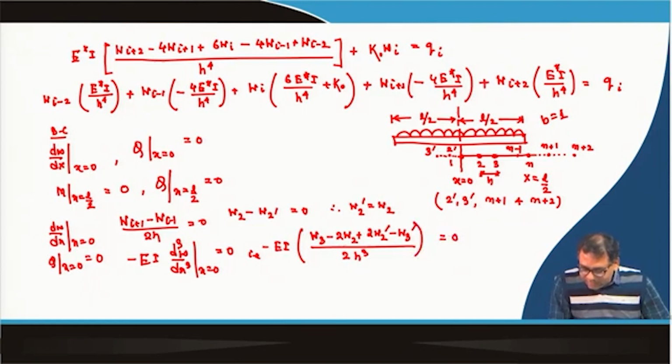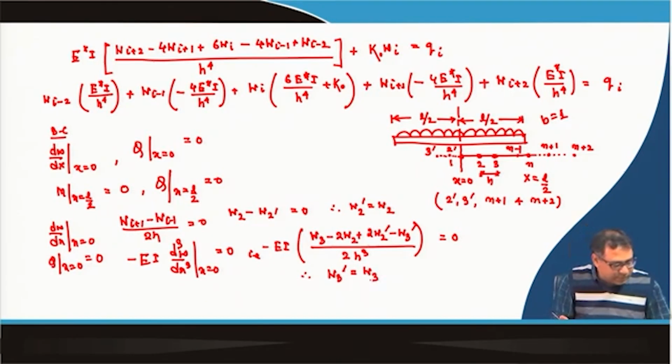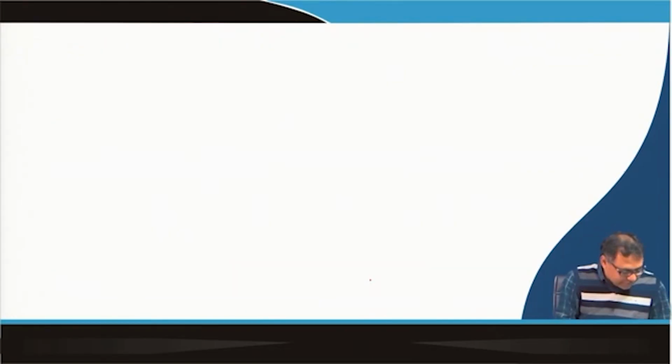Now here I know w2 is equal to w2 dash, so this part will cancel. So, I can write that w3 dash is equal to w3. So, that also has been obtained by using the second equation.